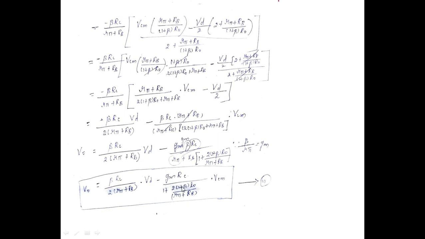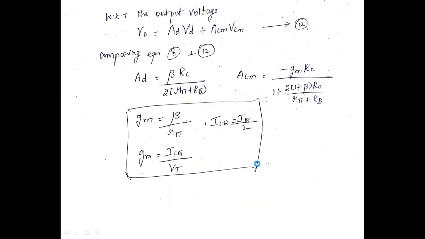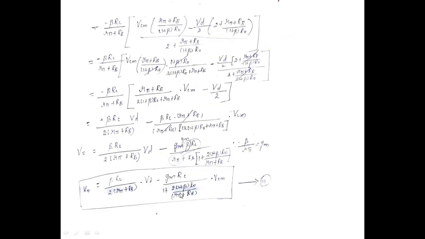So I'm going to compare this equation number 11 with the general equation of a differential amplifier, which is given by V naught is equal to AD into VD plus ACM into VCM. This is the general equation.